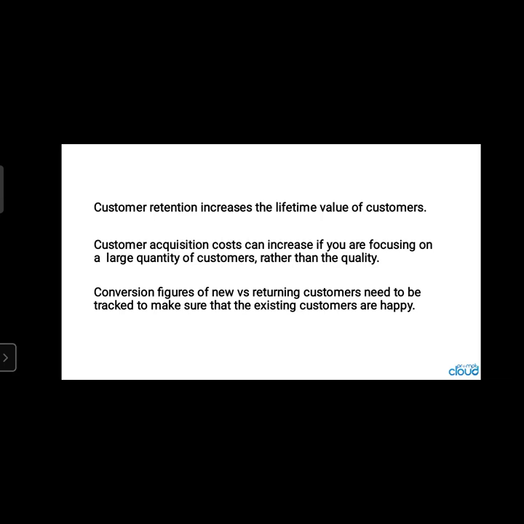One individual customer in a span of 10 years gives a benefit of 75,000 rupees. That is what is called the lifetime value of a customer. Customer acquisition cost can increase if you are focusing on a large quantity of customers rather than quality.